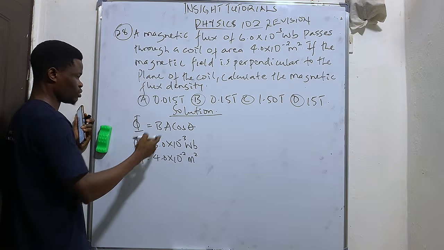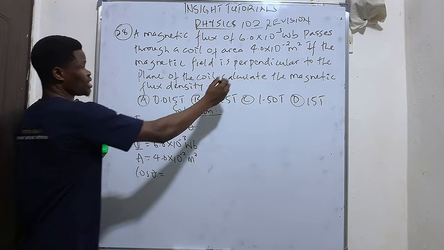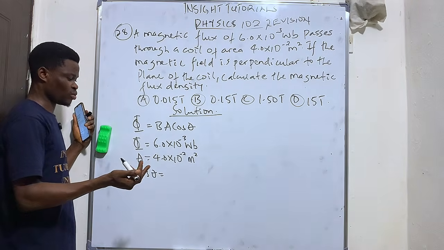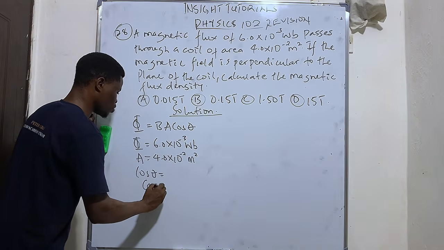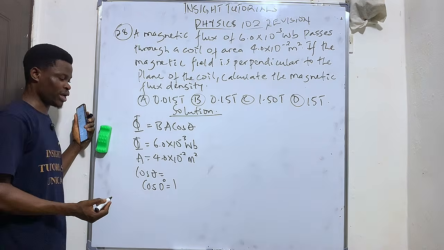We're looking for the magnetic flux density. Our cos theta, since the field is perpendicular to the plane, it means it is cos 0 degree, and cos 0 degree is 1, right?